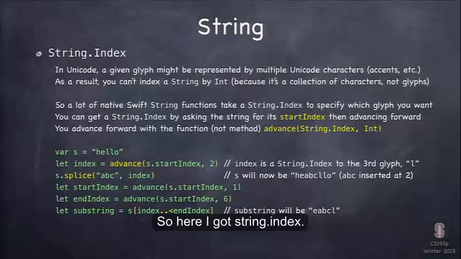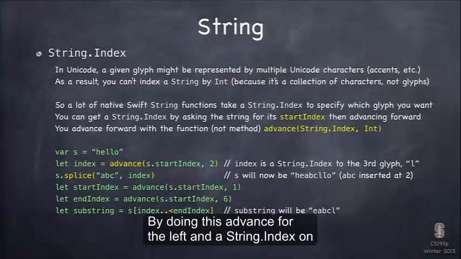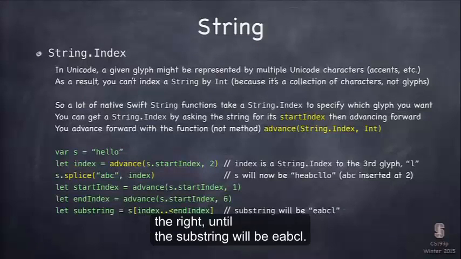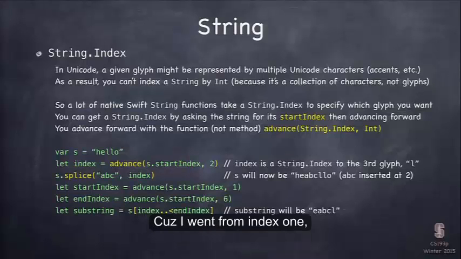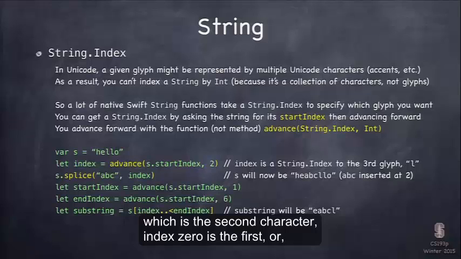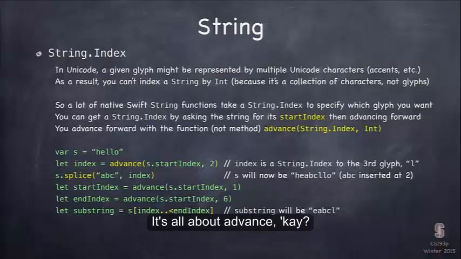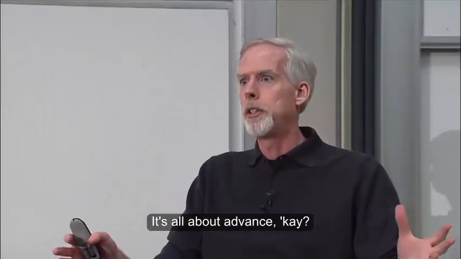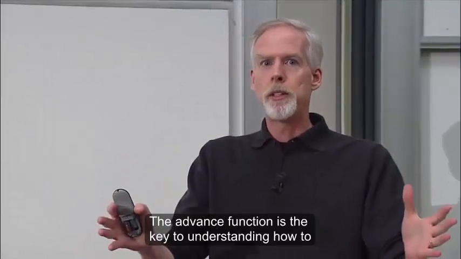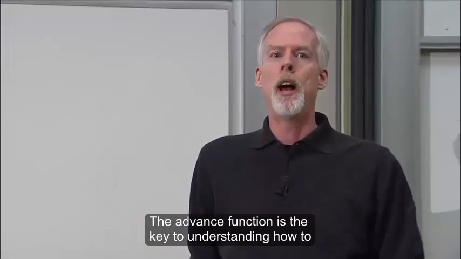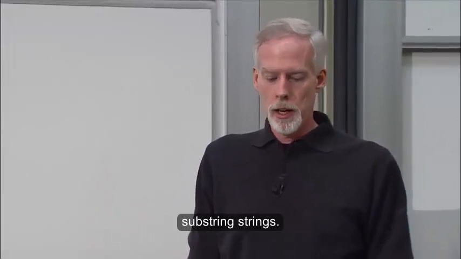So here I got a String.Index by doing this advance for the left and a String.Index on the right, and so the substring will be EABCL, because I went from index 1, which is the second character, index 0 is the first, to index 6, not including index 6. Everyone understand String.Index now? It's all about advance. The advance function is the key to understanding how to substring strings.